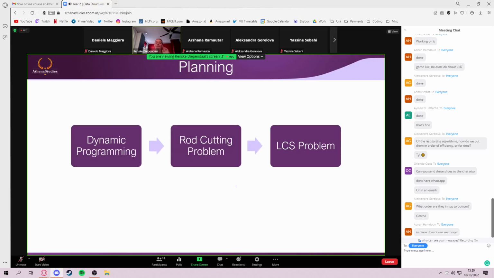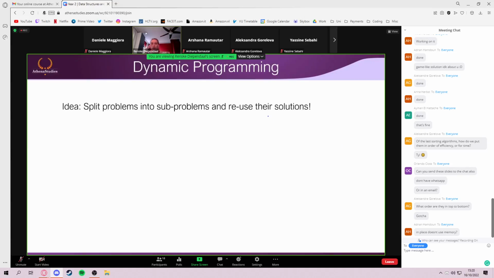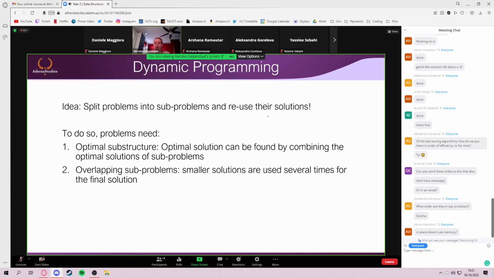Now we're going to go into dynamic programming and two problems that belong with this. The idea of dynamic programming is that if you have a big problem, you split it into sub-problems and reuse their solutions as part of the bigger solution.